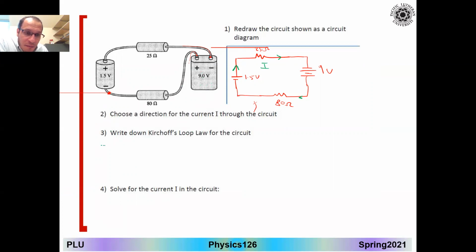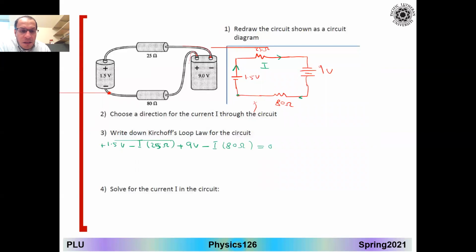Here is plus 1.5 volt minus I times 25 ohms, plus 9 volt and minus I times 80 ohms, equals 0. I start from the point and get back to the same point I started with.